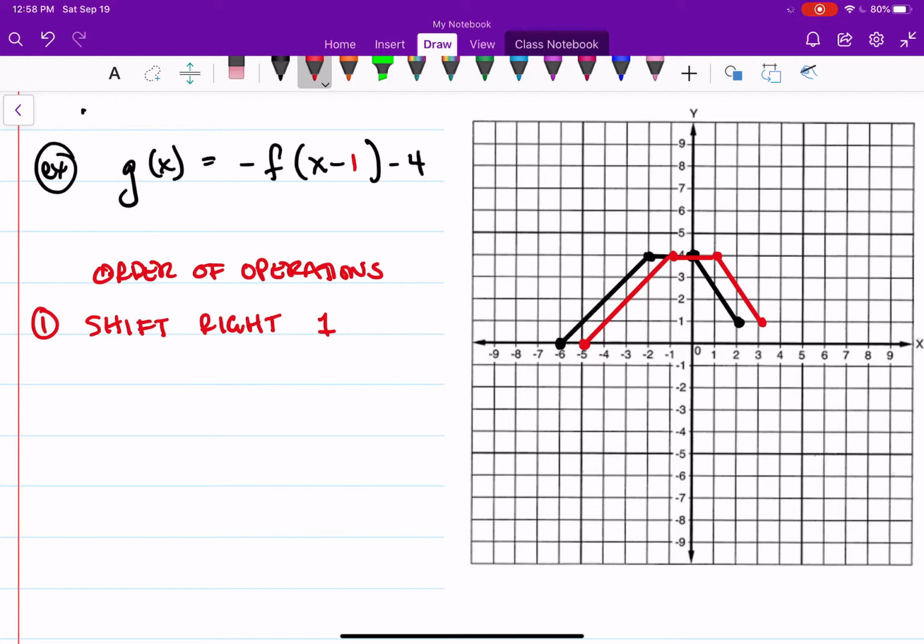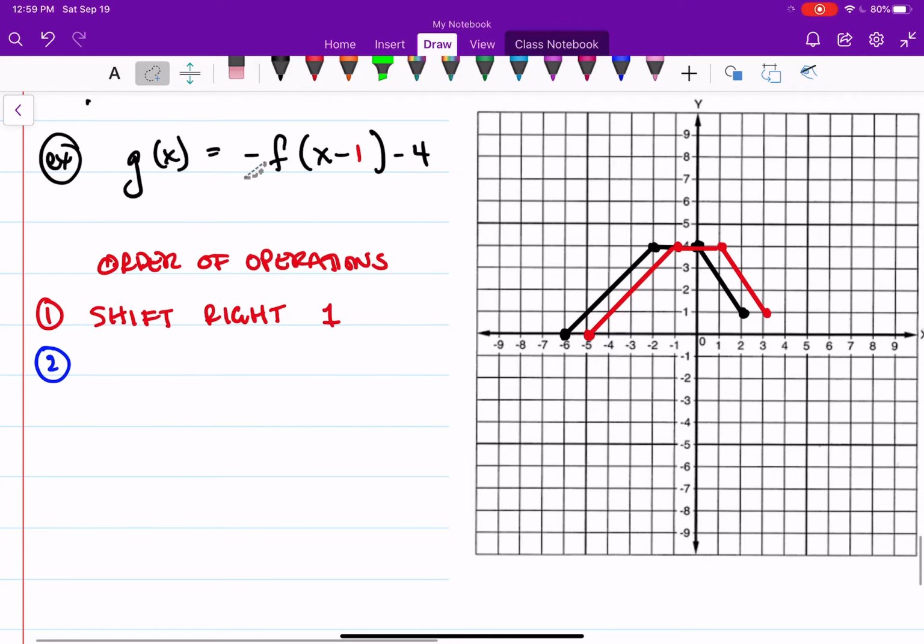Okay, so what's step 2? So is everything inside done? Yes. Okay. All right, so step 2. So you're like, what do I do next? What do you guys think? Is it the negative in front of f of x or the subtract 4? It's the negative because multiplying comes before adding and subtracting.